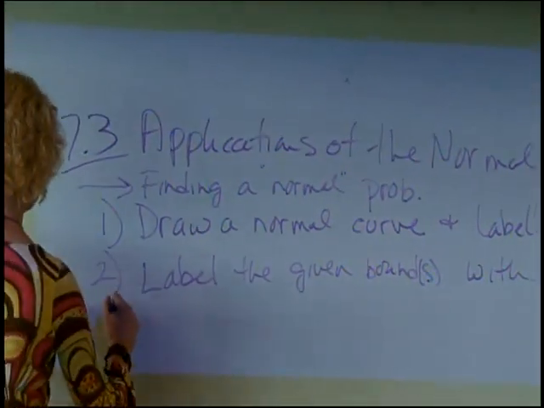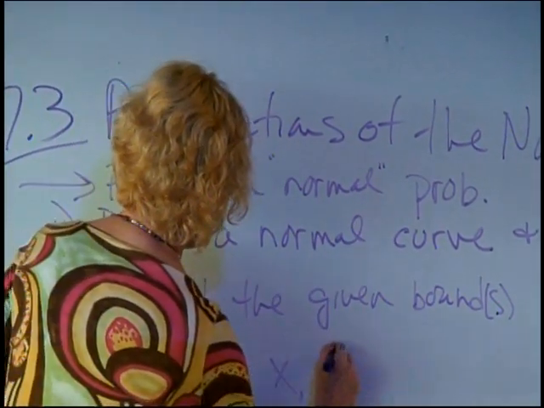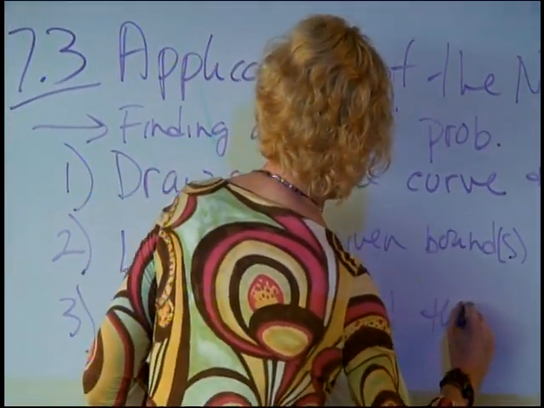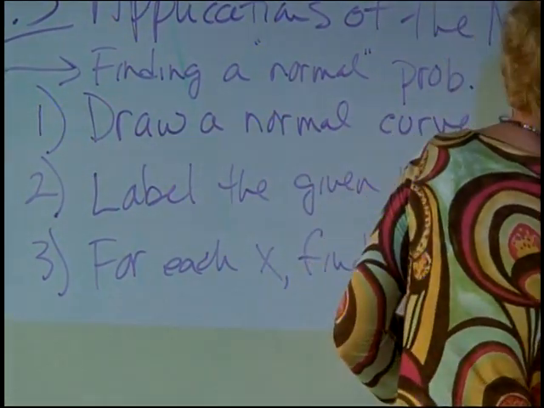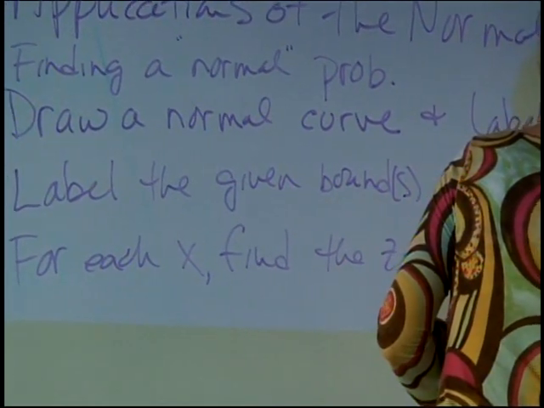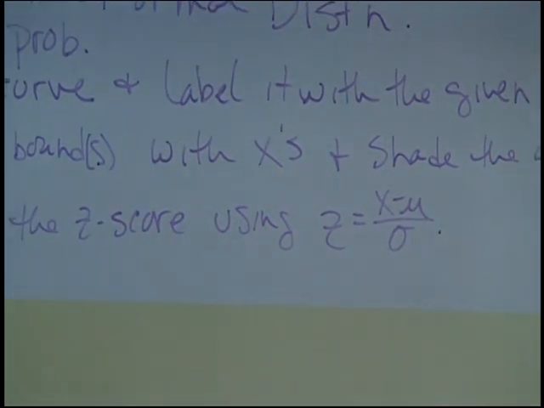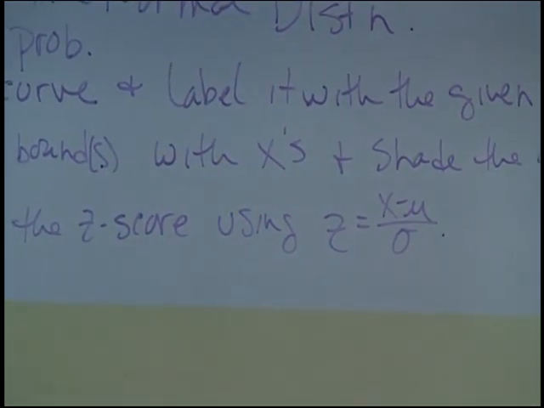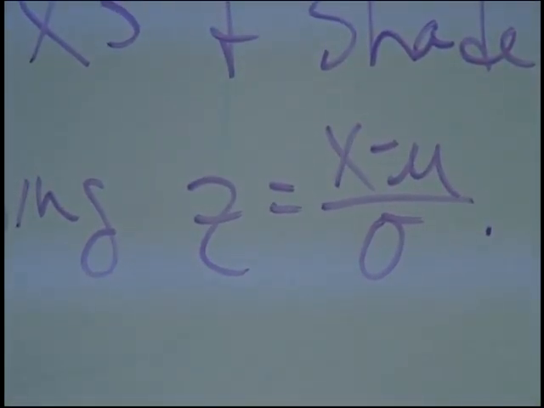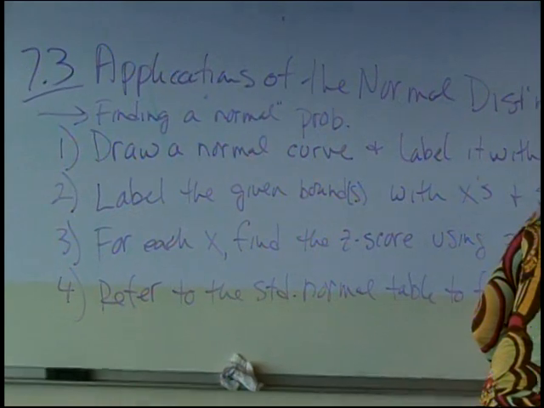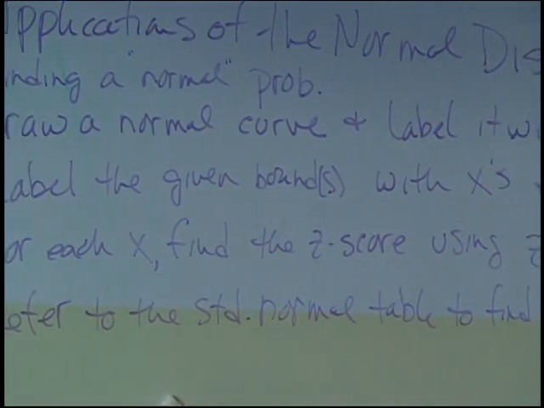Step 3, for each X, we're going to find the equivalent Z-score using the Z formula, and then we're going to use our table to actually find the probability. And then we're going to see how to do all that on the calculator.